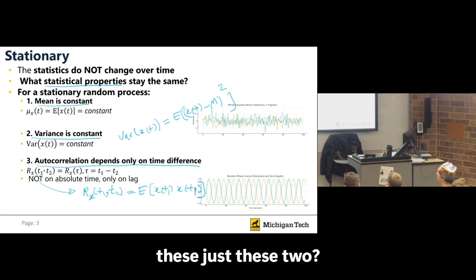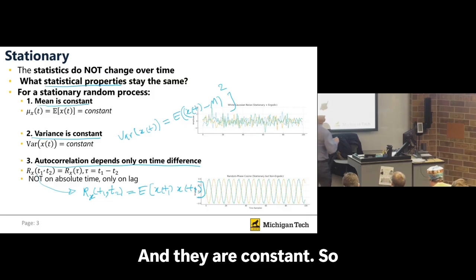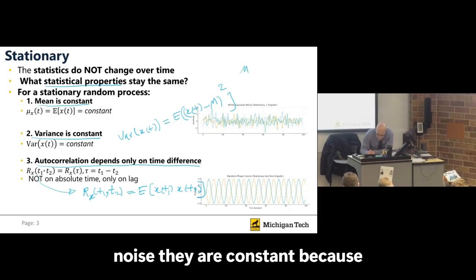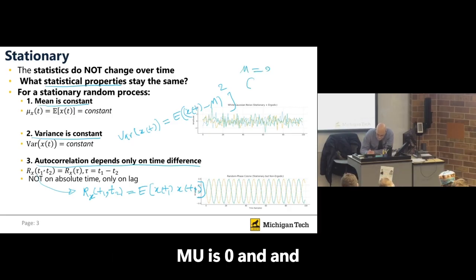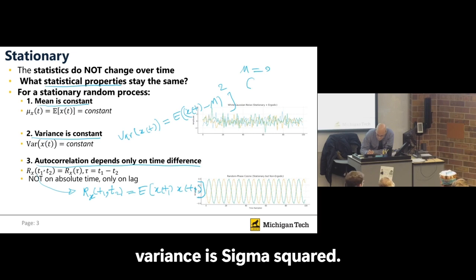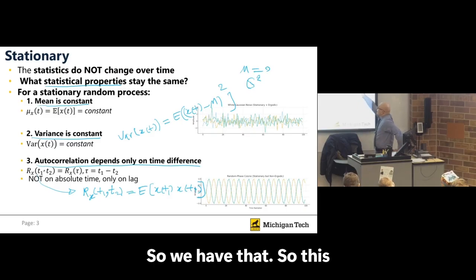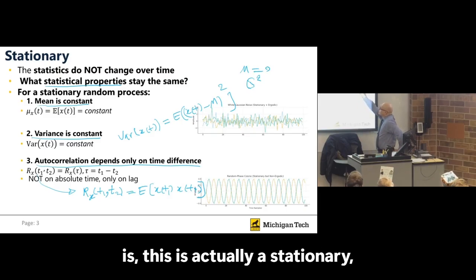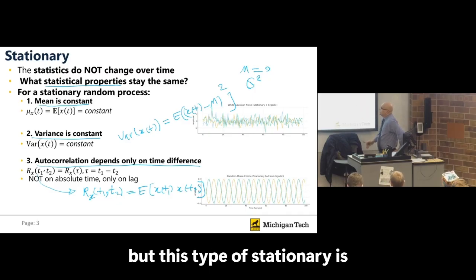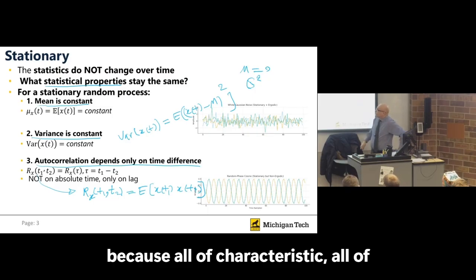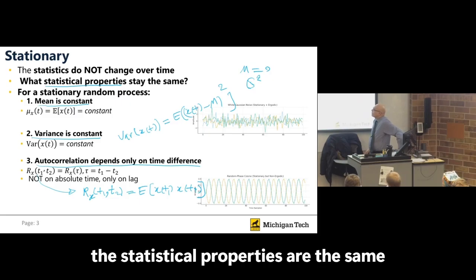So all characteristics are just these two, and they are constant. In white noise they are constant, because mu is 0 and variance is sigma squared. So this is a stationary, but this type is a strict stationary. It's very strict, because all of the statistical properties are the same.